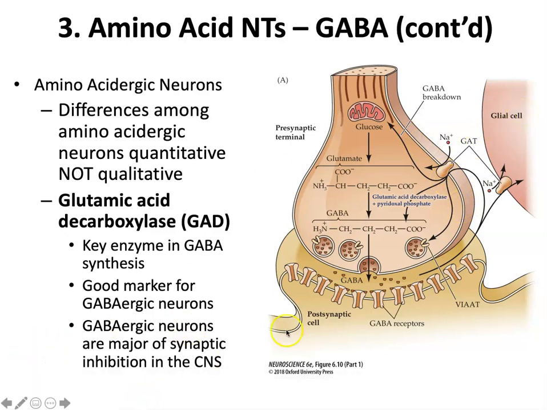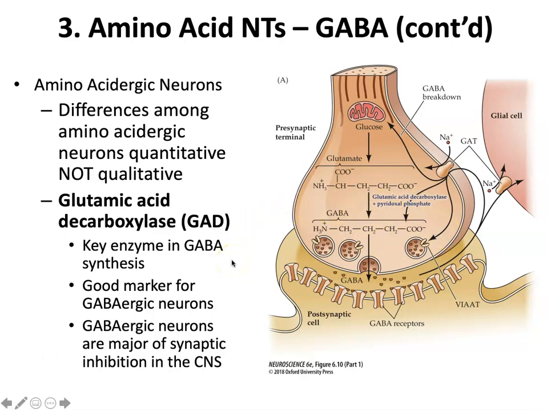So just some other important differences. The production of GABA here requires the glutamic acid decarboxylase, but glutamic acid decarboxylase is not fully functional unless you have pyridoxal phosphate present.